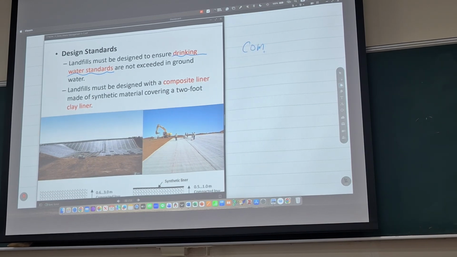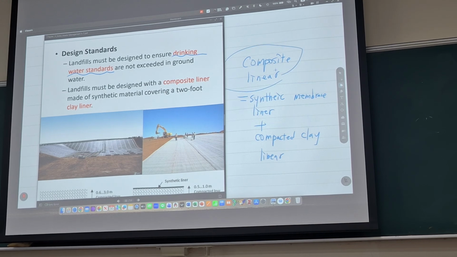The composite liner means we have two layers: a synthetic membrane liner plus a compacted clay liner.